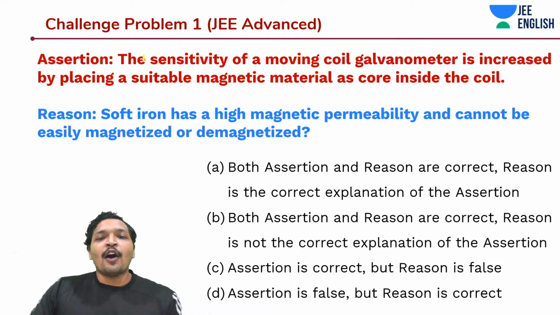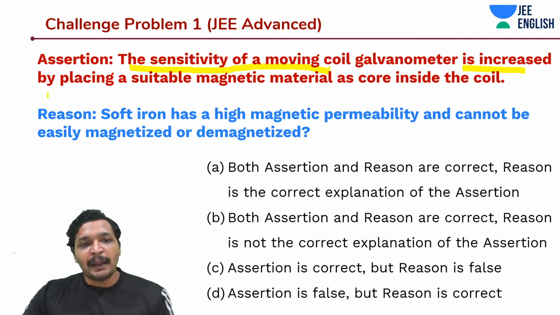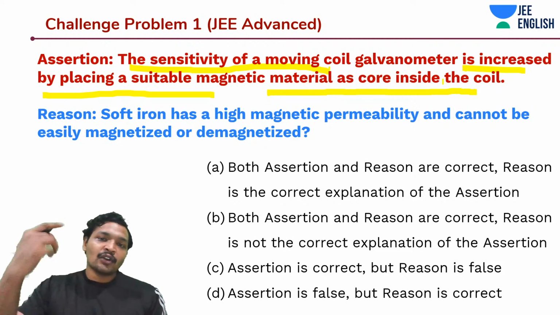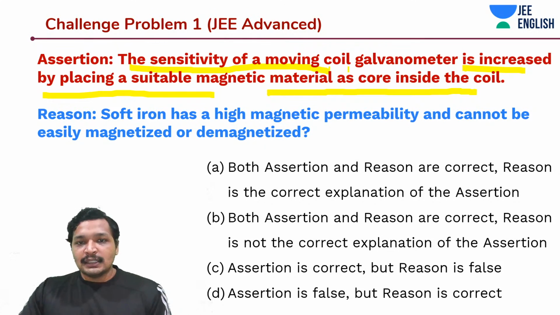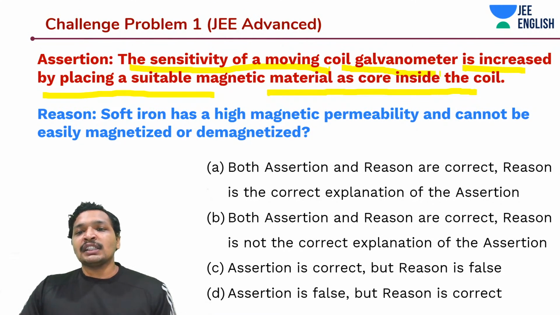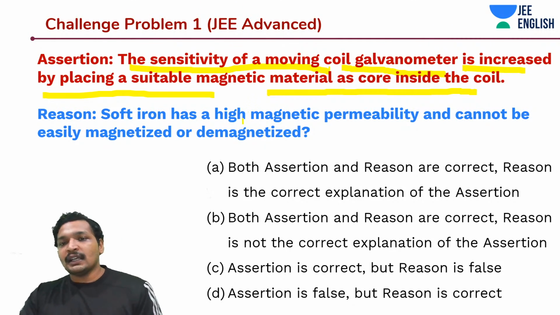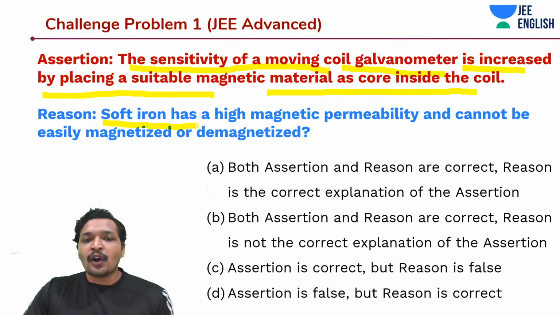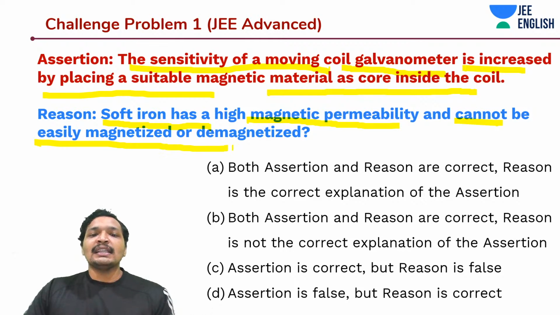The sensitivity of a moving coil galvanometer is increased by placing a suitable magnetic material as core inside the coil. If you remember the moving coil, you are placing a core inside the coil. Why are you doing it? The reason stated is that soft iron has high magnetic permeability and cannot be easily magnetized or demagnetized.